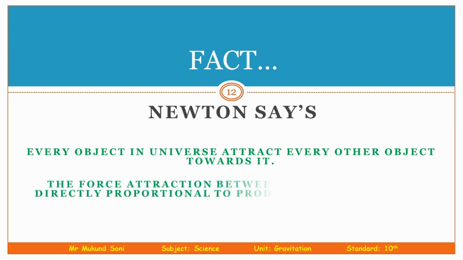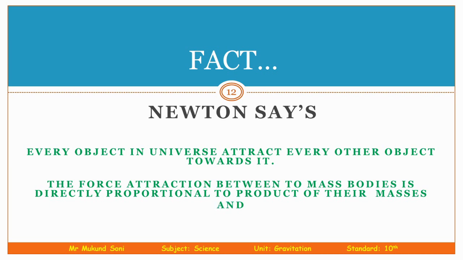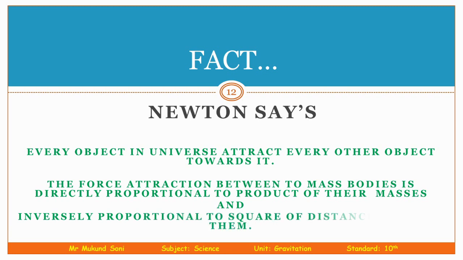And that is what Newton's law says: the force of attraction between two massive bodies is directly proportional to the product of their masses and inversely proportional to the square of the distance between them. That was the radius, because from the center of the Earth to the surface, only the radius is the distance between Mahindra and the Earth. Do not count it from the surface, count it from the center of the body.